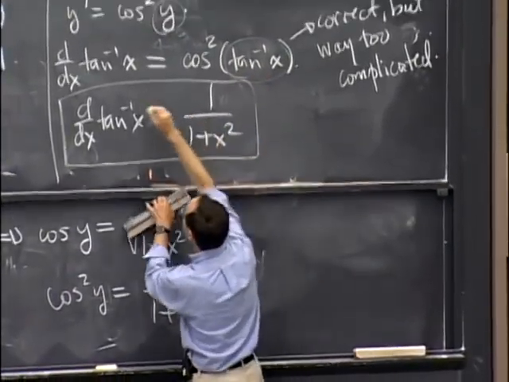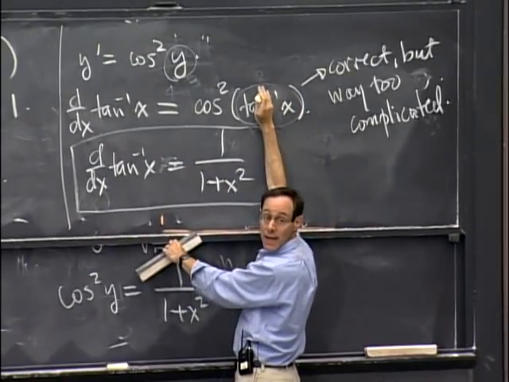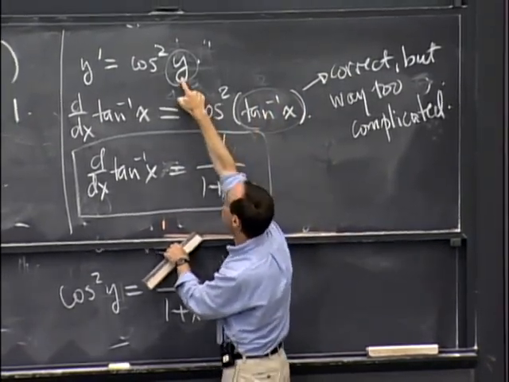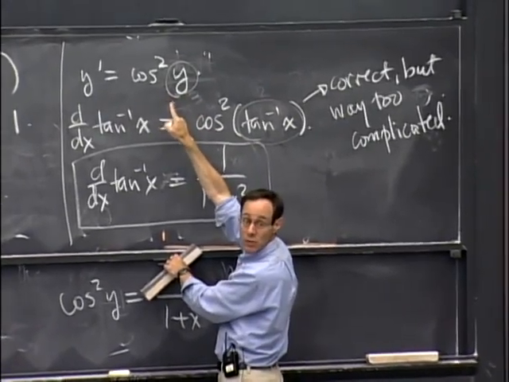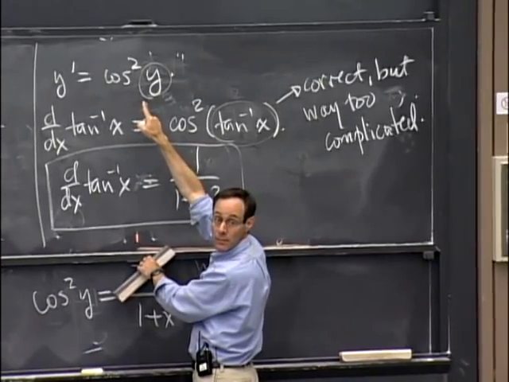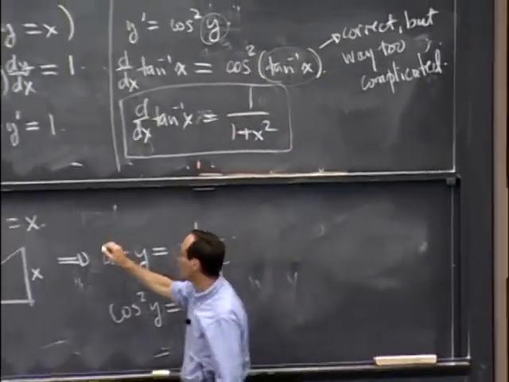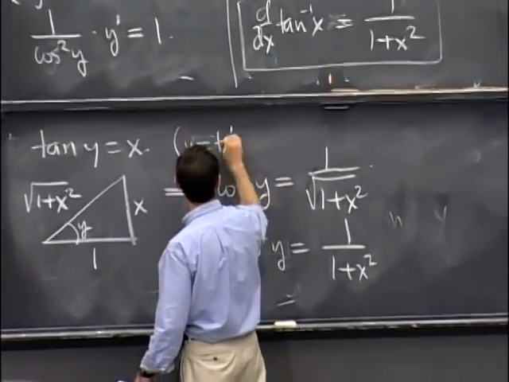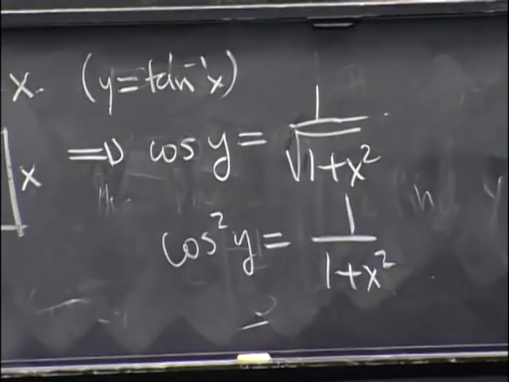So what I did was I skipped this step here entirely. I never wrote that down, but the inverse tangent was that y. The issue was, what's a good formula for cosine y in terms of x? So I am evaluating that, but I'm doing it using the letter y. In other words, what happened to the inverse tangent is that I called it y, which is what it's been all along.